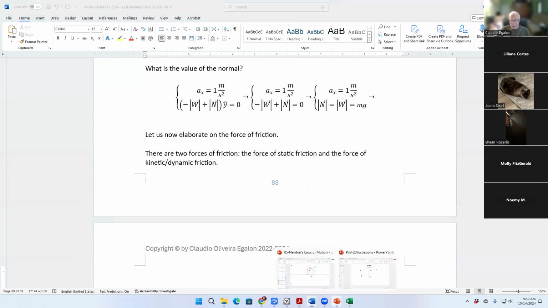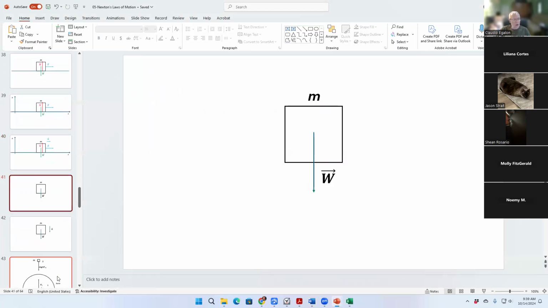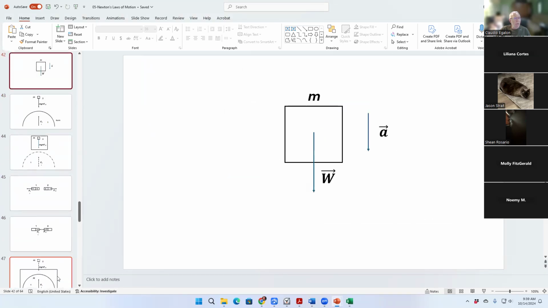Let's take a look here at my drawings. Let's see if I have a drawing that explains this force of friction. Let's take a look at the other one.